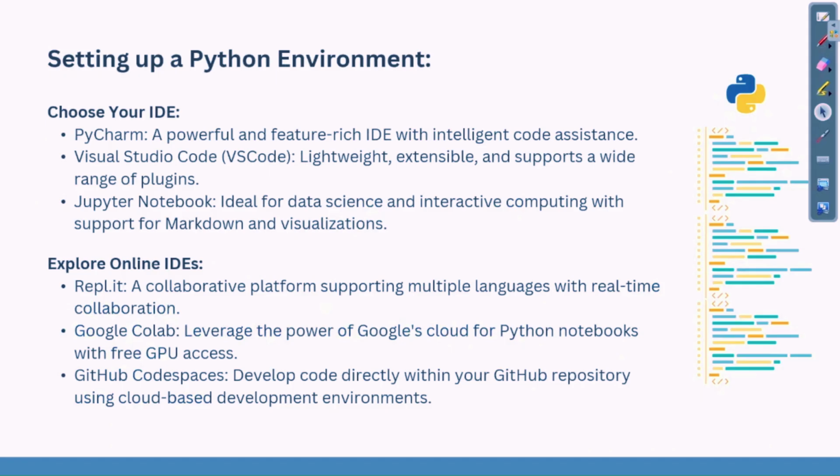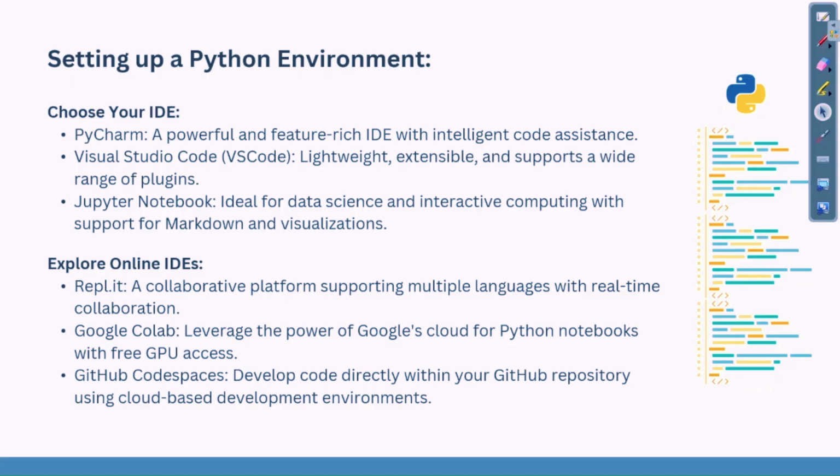All right, let's come to the next topic. When you have to write some Python code, you need an IDE. It is like a paper where you are going to write instructions. There are various IDEs like PyCharm, Jupyter Notebook, and Visual Studio Code, but for these IDEs you need to install them on your system.